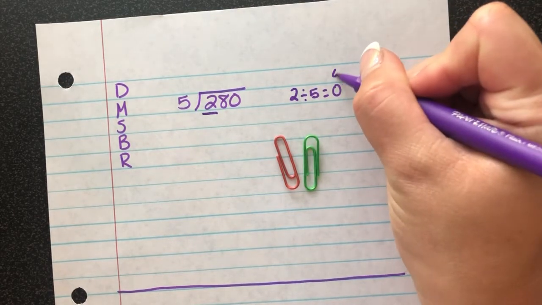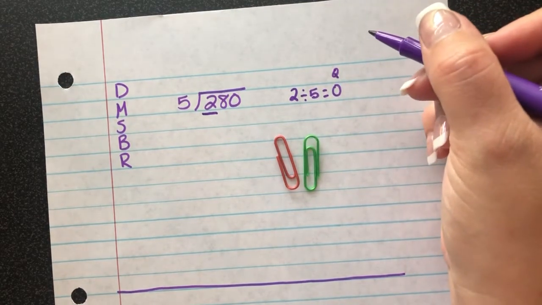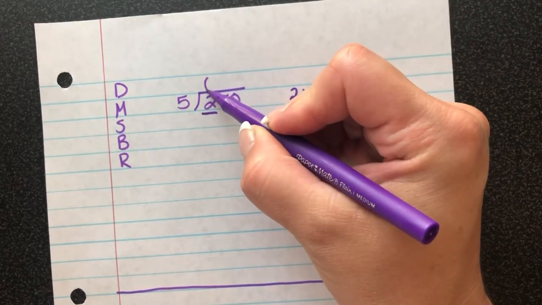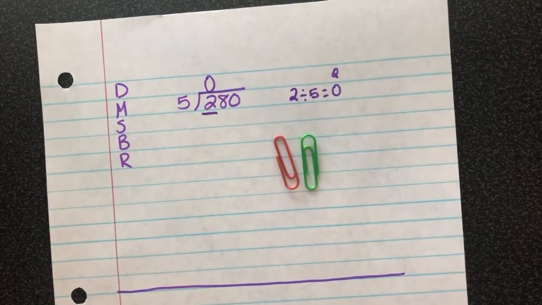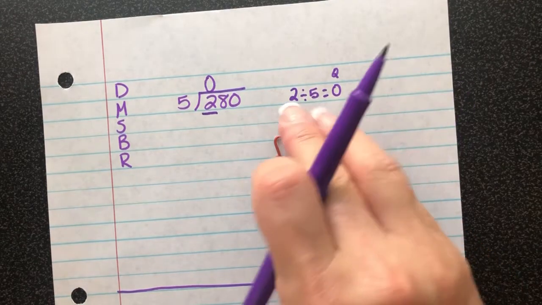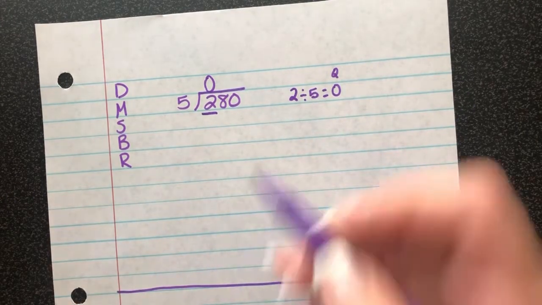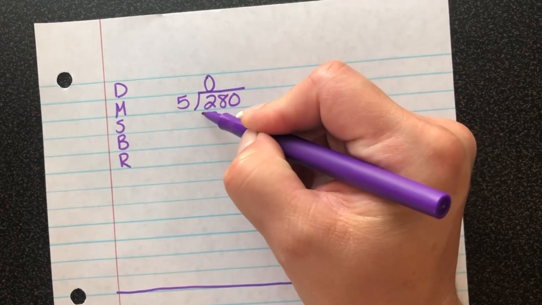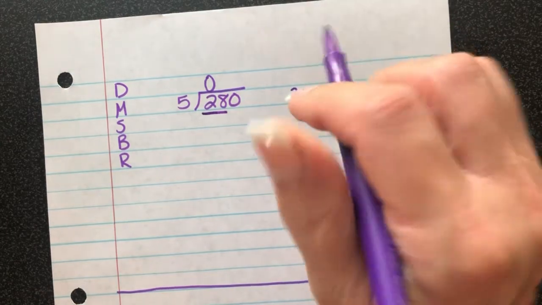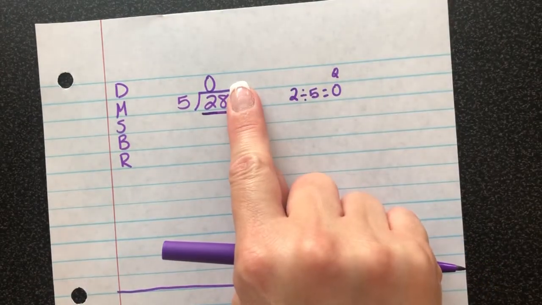Again, that 0 is a quotient. Even though it's 0, it is a quotient. So it's going to come up here. I'm going to place that 0 there above the 2. Now from here, since I could not divide the 2, I'm going to stretch my underline to include just the second digit.